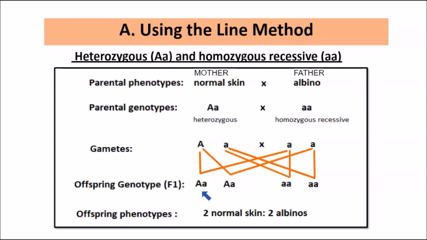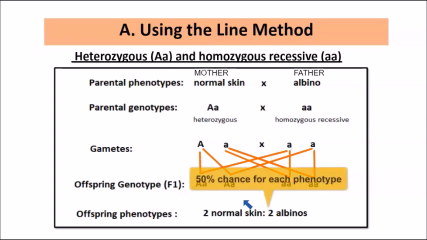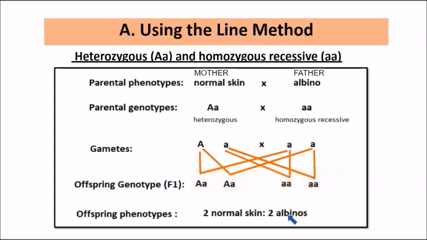The probability of producing children that are going to have normal skin, you have 2 of them out of the 4. And those that are going to have the albino condition, you have 2 albinos here. So it's pretty much a 1-to-1 ratio, 2 normal skin to 2 albinos. That is just the probability of the children having normal skin versus being albino. So that is using the line method.